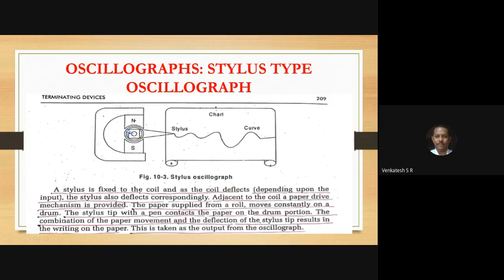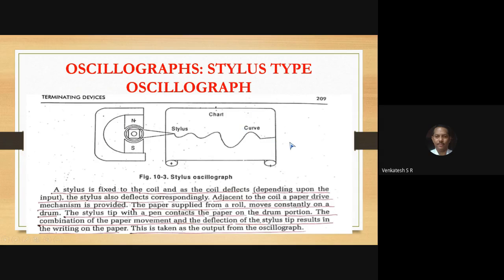Both are used in ECG machines, in seismic instruments, and many instruments where you can easily measure vibration. The main use of these two oscillographs is in ECG machines and also seismic instruments.